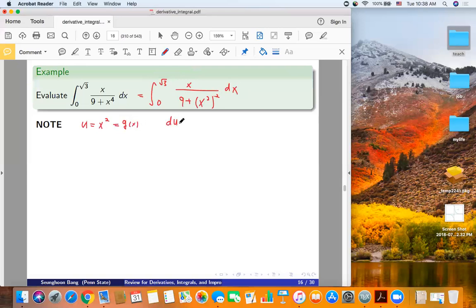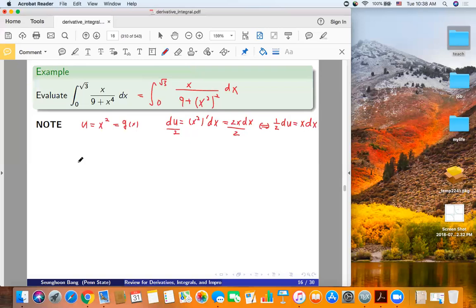The du is the derivative of x squared times dx, so we have 2x dx. Next, divide by 2 because we don't have 2 in the integrand. This is the same as 1 over 2 du equals x dx.